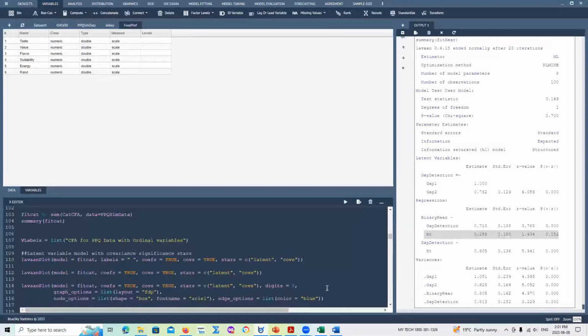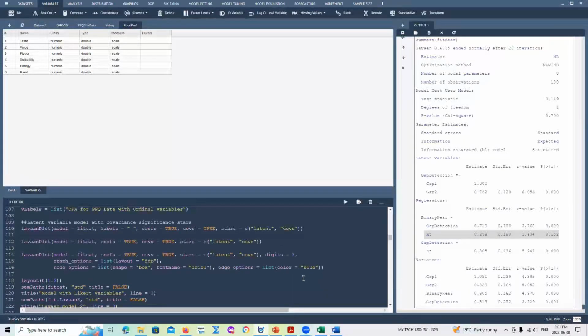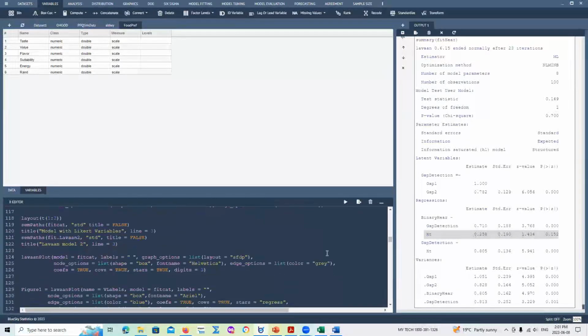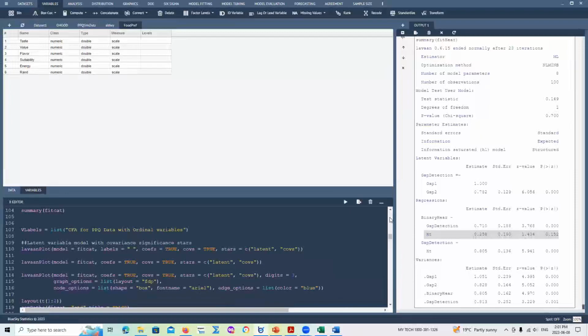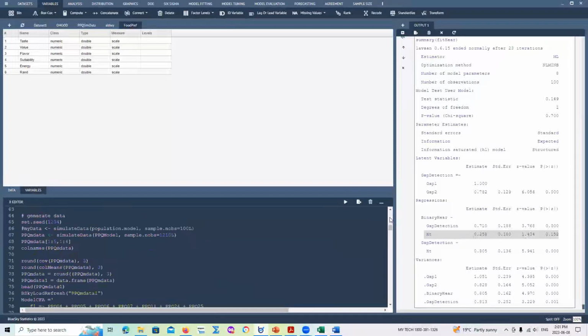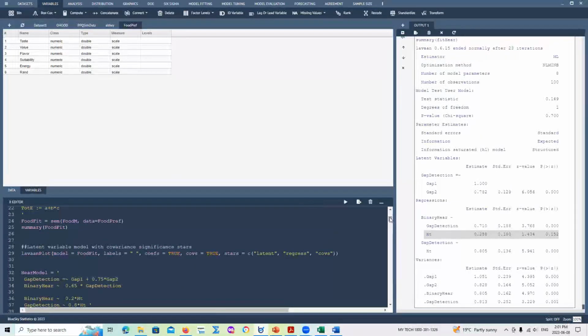I want the one that says both latent and regress, so that we have them on the graph. Where is it? I want the one that has latent and regress on it, the one that we used last time. Yeah, it's here.